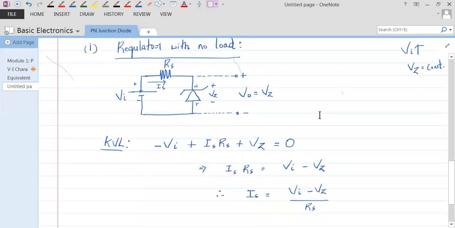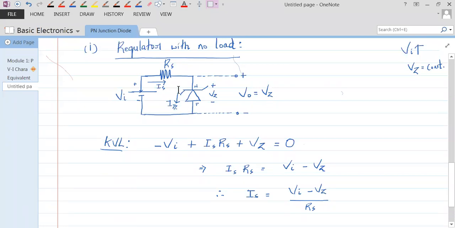Understand? And also you can see that this IS is the same current that is flowing through this diode. Everybody understand what is the current that is flowing through the diode? See here, this is IZ. Now everybody should see IS is the same current that is flowing through this. Do you think the IS flows outside this? No, outside this point there is no path at all. So the whole of this IS which comes at this point would flow through this diode. Get that point?